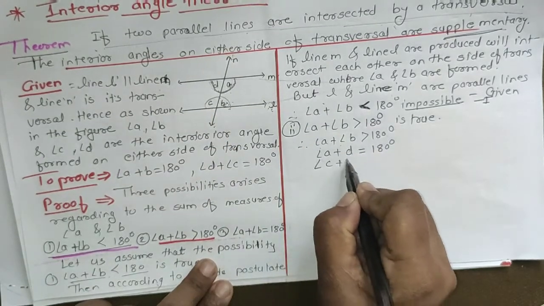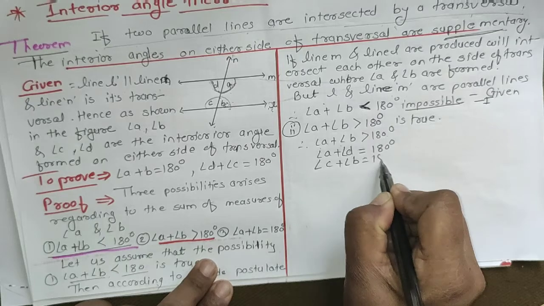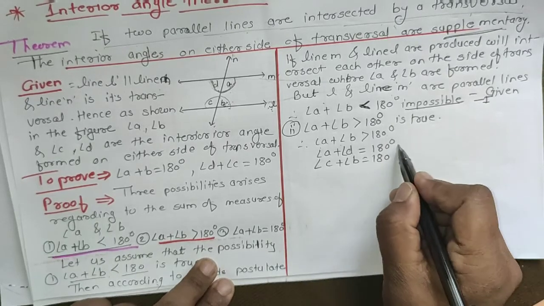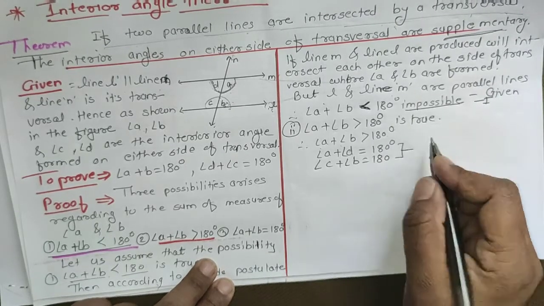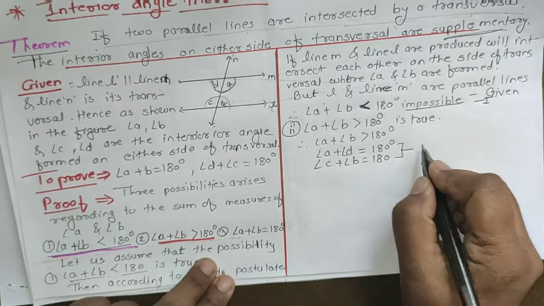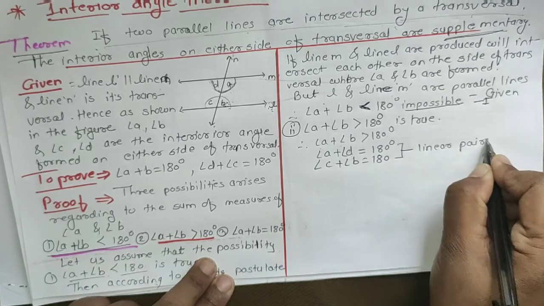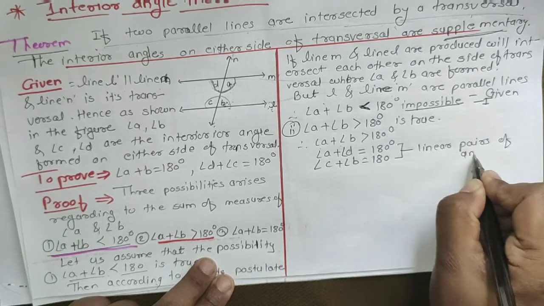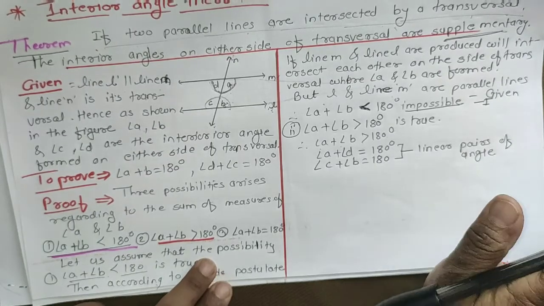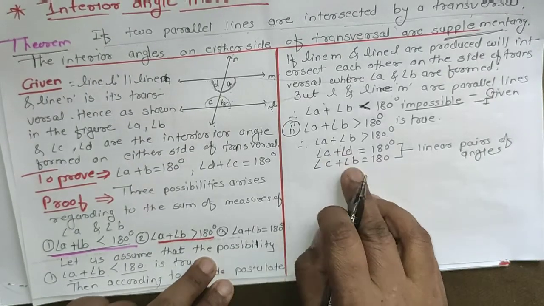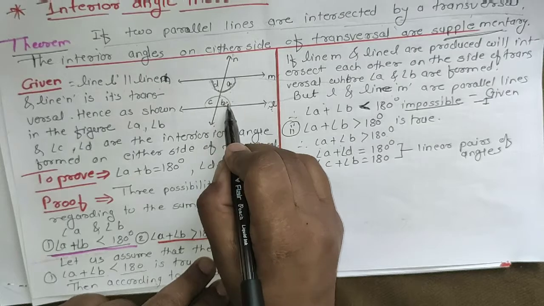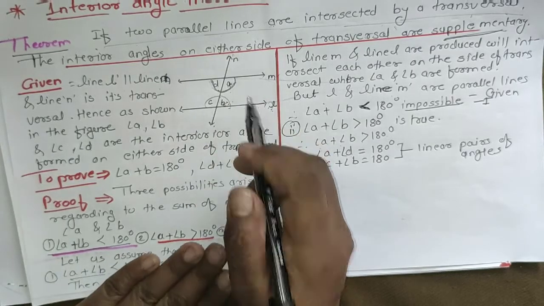Angle C plus angle B is equal to 180 degrees. The reason behind it is that both are linear pairs of angles. So these two angles sum is 180 and these two angles also sum is 180 degrees.